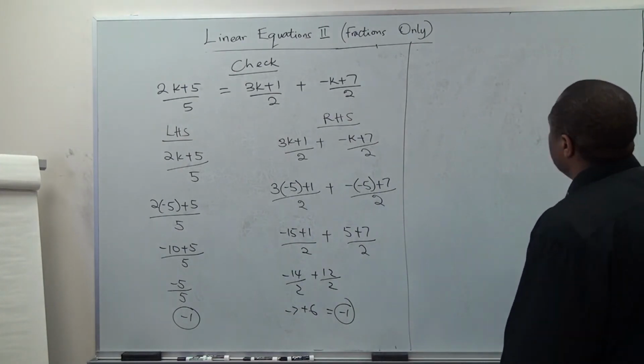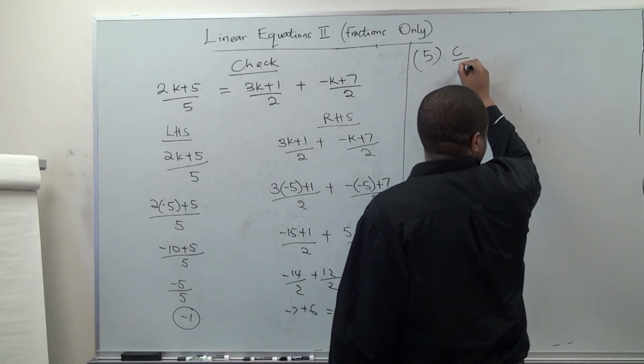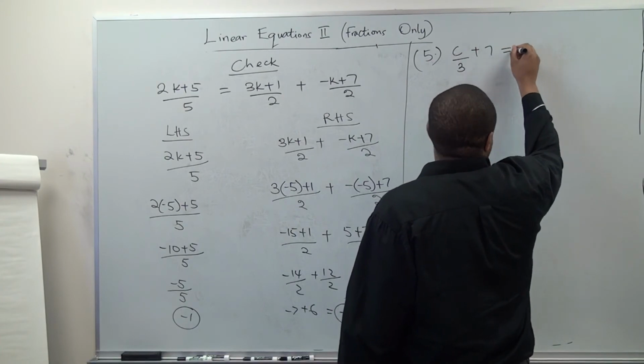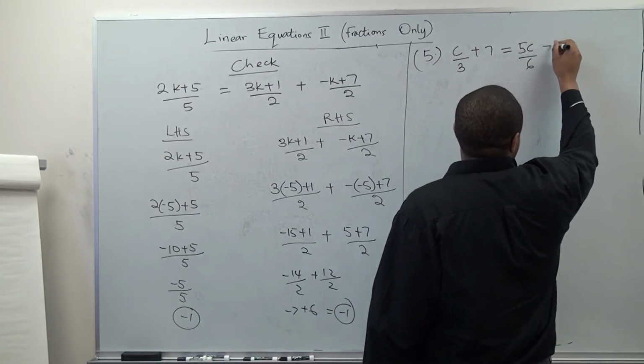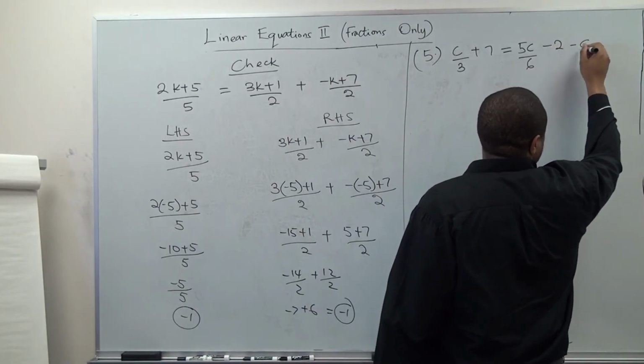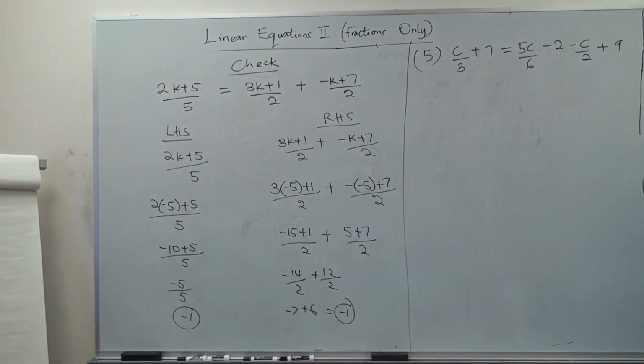Okay, the last one, number 5. C over 3 plus 7 equal to 5c over 6 minus 2 minus c over 2 plus 9. Now you look at this. Don't be scared of all these fractions. It's nothing.